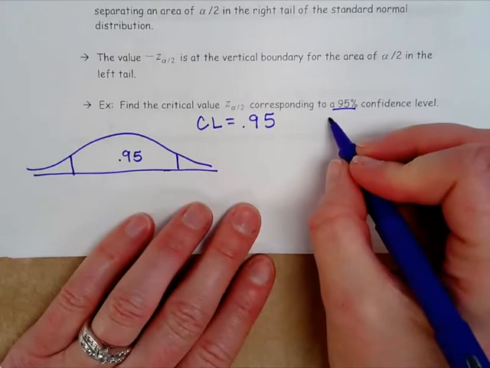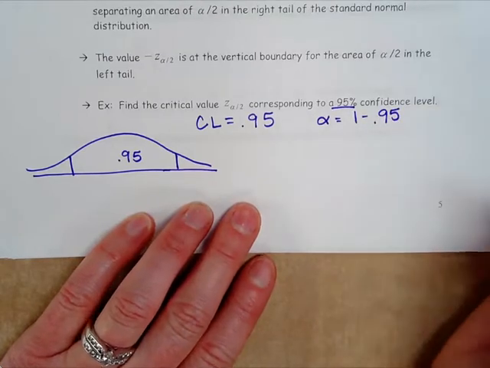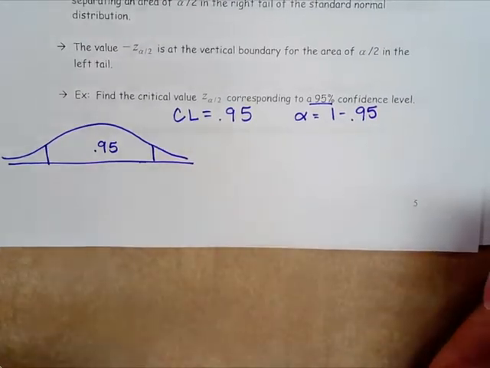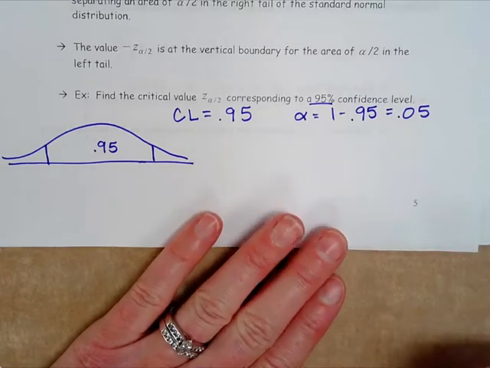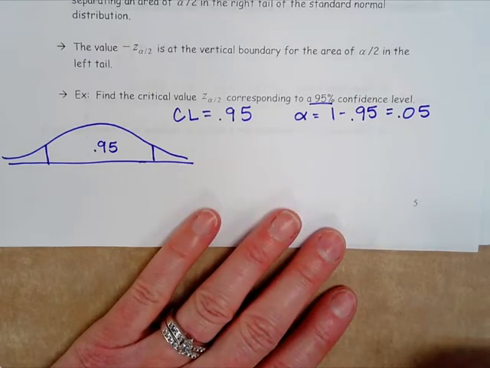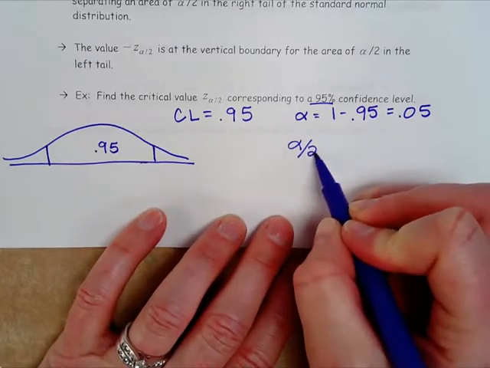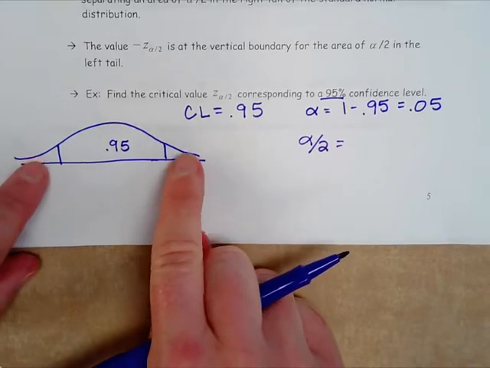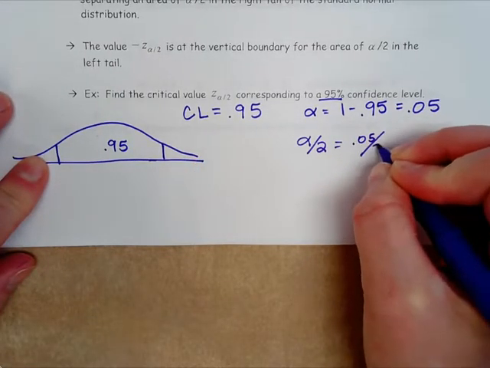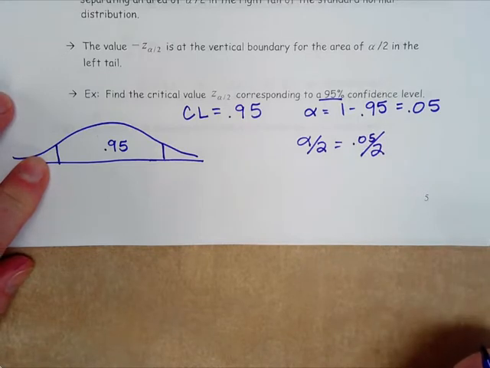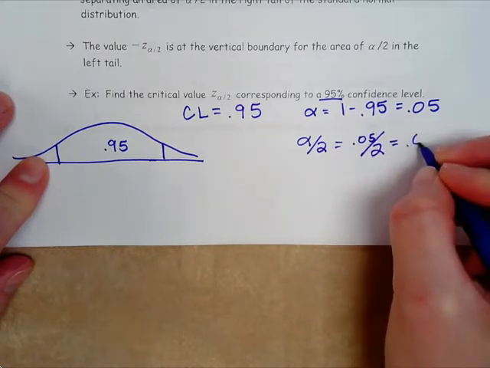So alpha is found by doing 1 minus the 0.95, whatever your confidence level is. So that's 0.05. And we want to find alpha over 2 so that we can find the area of the tails. So that'd be 0.05 divided by 2. 0.025.